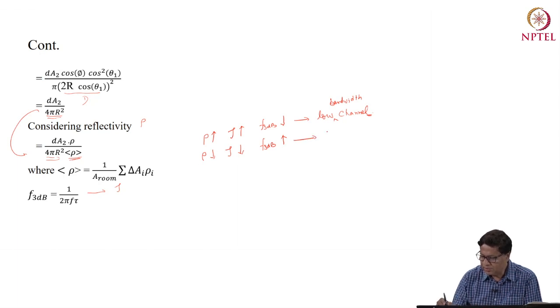So this is a case of a high bandwidth channel. All right, so depending upon the value of the reflection coefficient, one can estimate the value of τ. And as this 3 dB bandwidth depends on τ, one can find out the bandwidth of the channel, whether it is a low bandwidth channel or a high bandwidth channel.